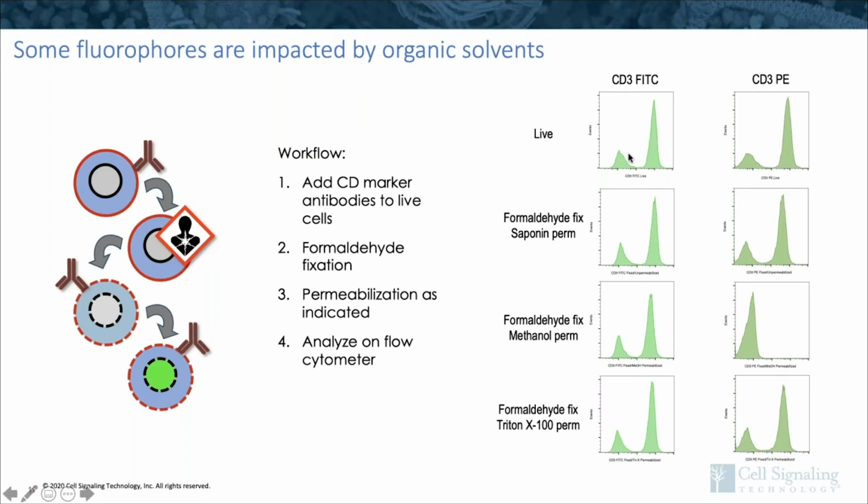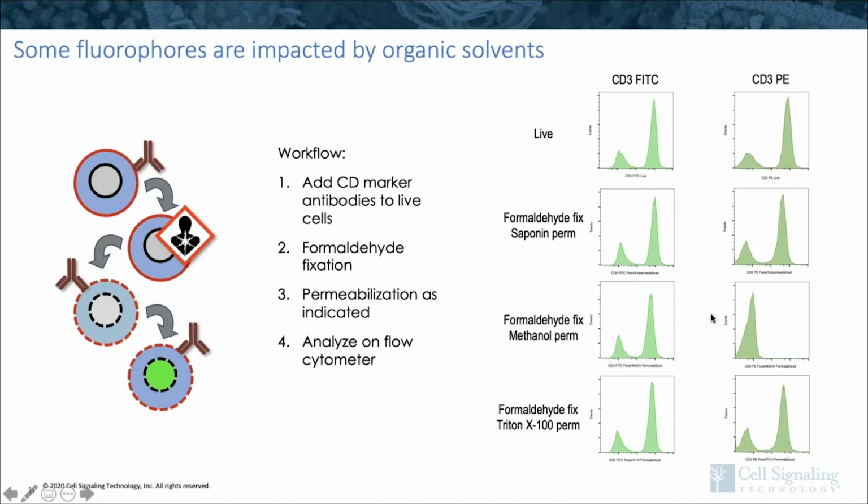We can see that we're still getting good separation of positive and negative populations when the live cells are stained, or when the live cells have been stained and carried through fixation and saponin permeabilization, or fixation and Triton X-100 permeabilization. If we fix and carry them through a methanol perm step, on the other hand, the FITC fluorescence is preserved, but the PE fluorescence is lost.